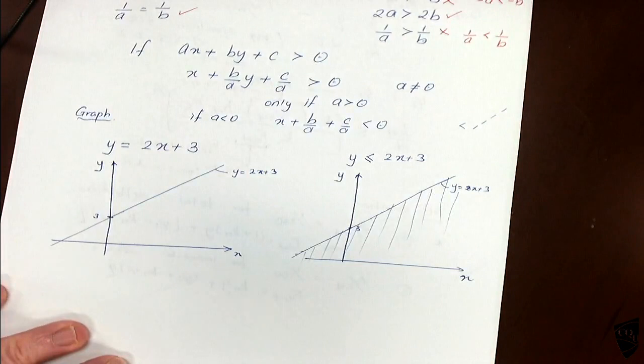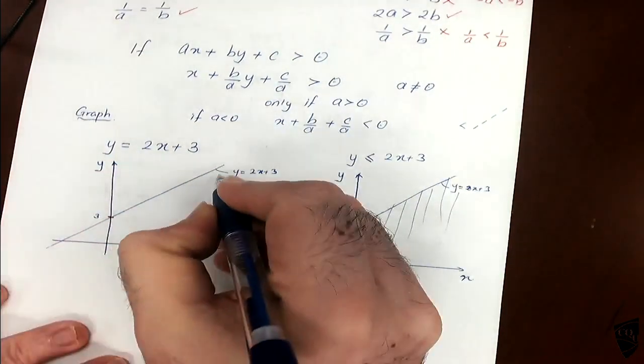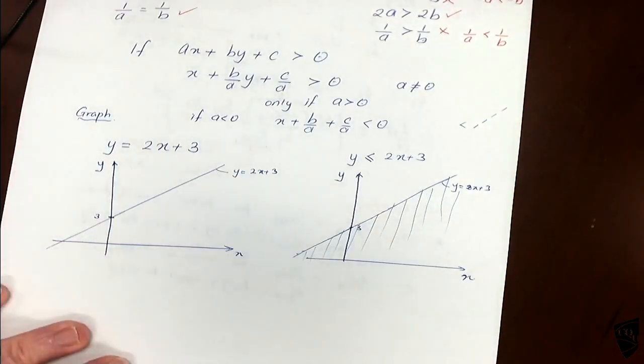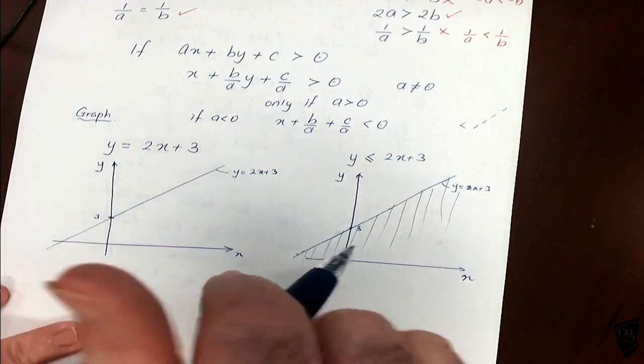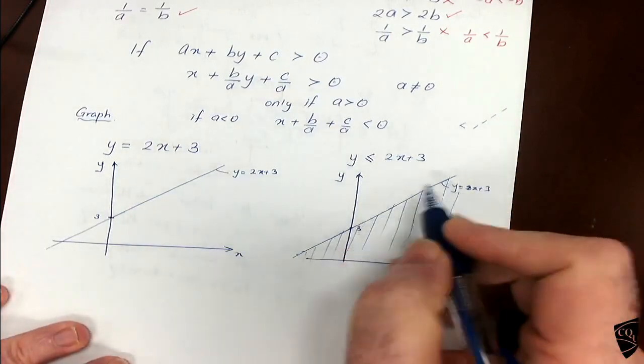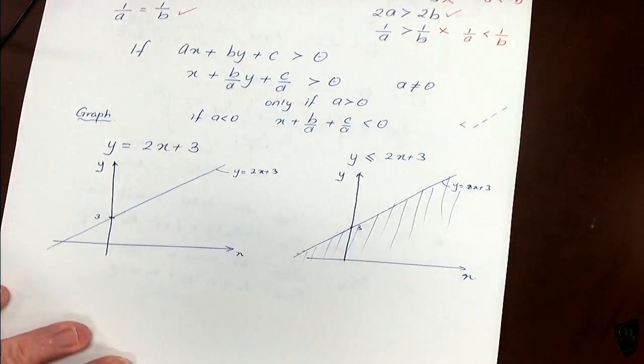For equations we have a single line, whether it is a parabola or circle or whatever. If it is an inequality, you will have an area.